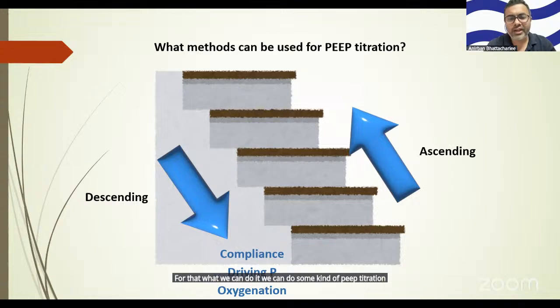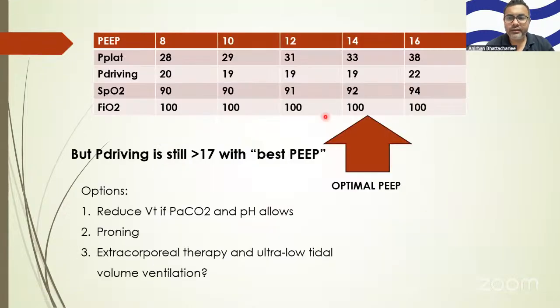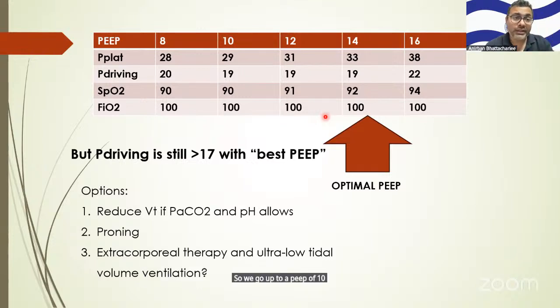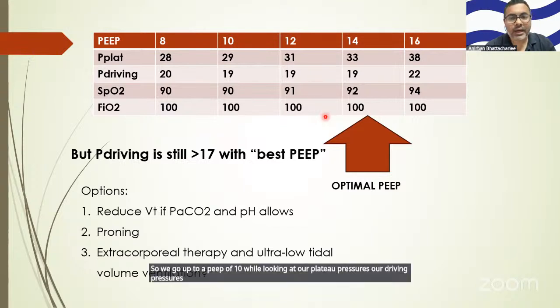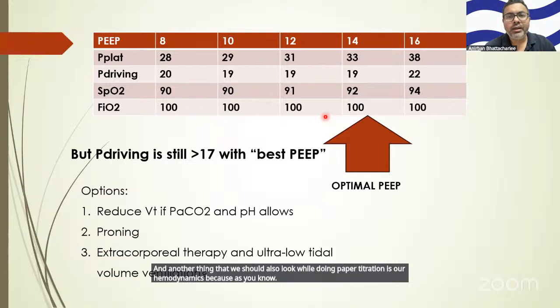In PEEP titration, typically, can we go to the next slide? Yes. So typically, for example, we start with a PEEP of 8 centimeter of water, and we increase the PEEP in increments of 2. So we go up to a PEEP of 10 while looking at our plateau pressures, driving pressures, and oxygenation parameters. Another thing we should also look at while doing PEEP titration is hemodynamics, because as you know, if we keep on increasing the PEEP, hemodynamics might get hit at some point.